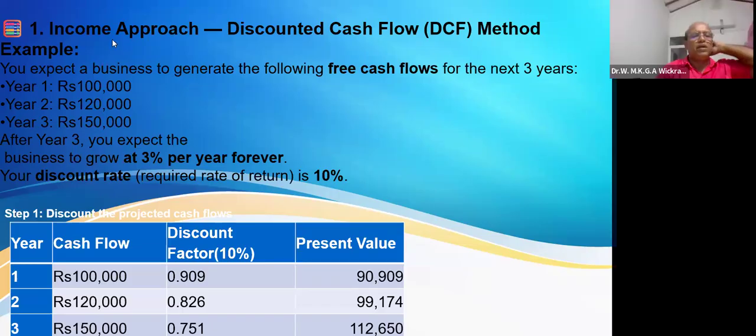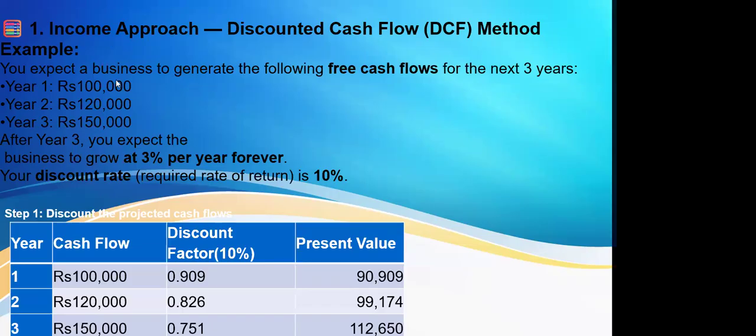Now, in year one, our cash flow is 100,000. If you divide 100,000 by 1.1 to the power 1, you will get 90,000.